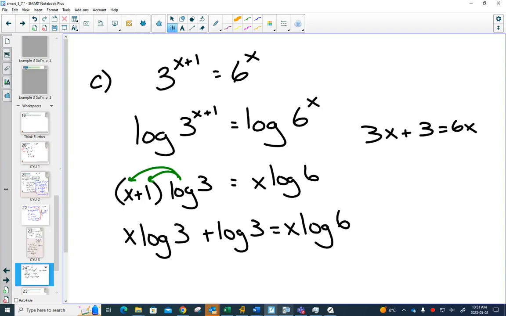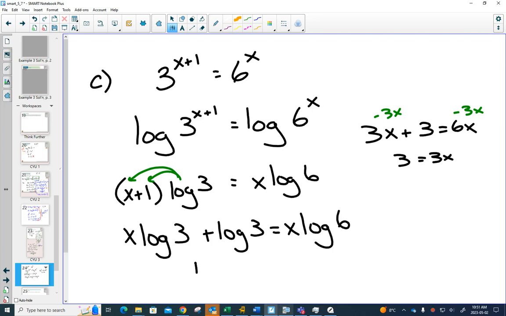This is basically the same thing, okay? This is something times x plus something equals something else times x. But it's a little bit different because here, how easy is it to combine your like terms? You subtract 3x on both sides, right? And you would get 3 equals 3x. That you could do mental math, no problem.